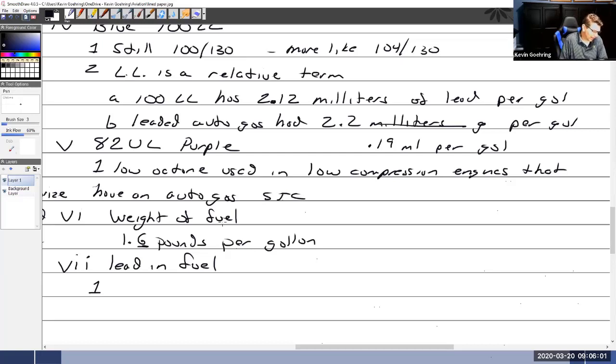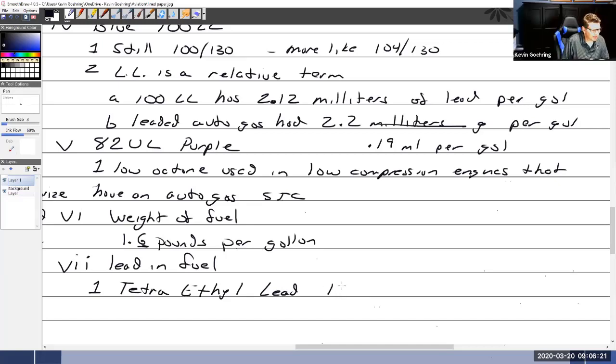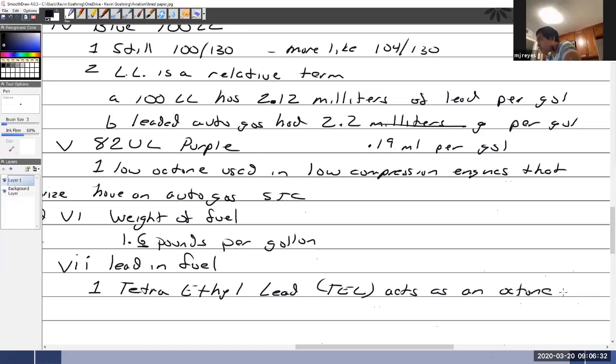So anyway, lead in fuel. What we have is tetraethyl lead, which is TEL, and it acts as an octane booster.